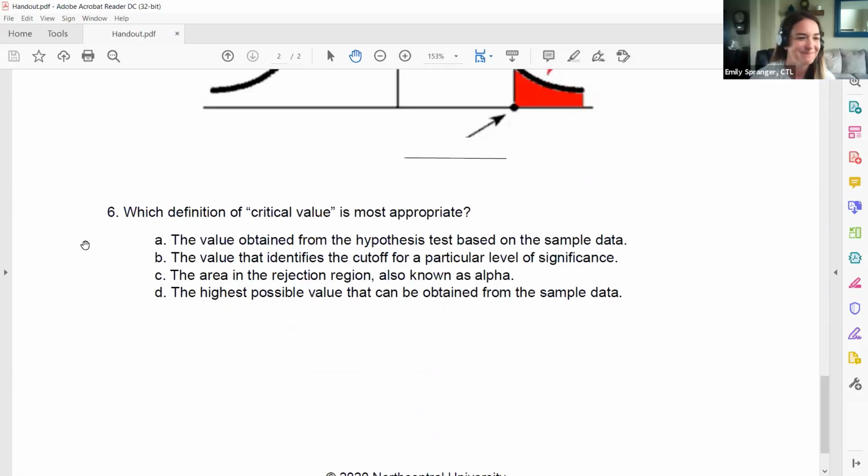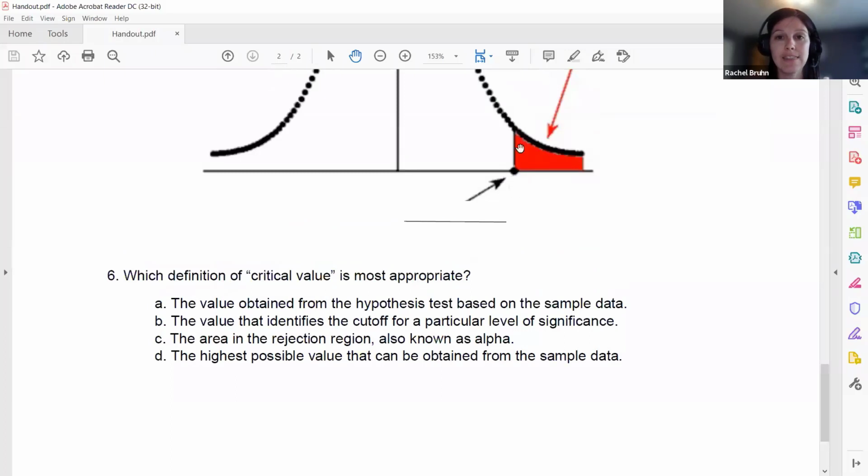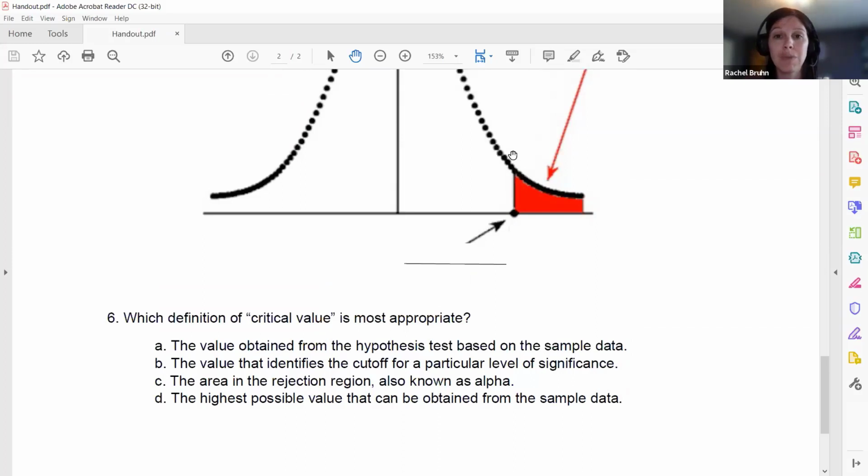So number 6, the critical value, which I identified as this point here. This point cuts off the rejection region. So we would be looking at B, the value that identifies the cutoff for a particular level of significance. This could be alpha, meaning that it cuts off that upper 5% or outside 5%.